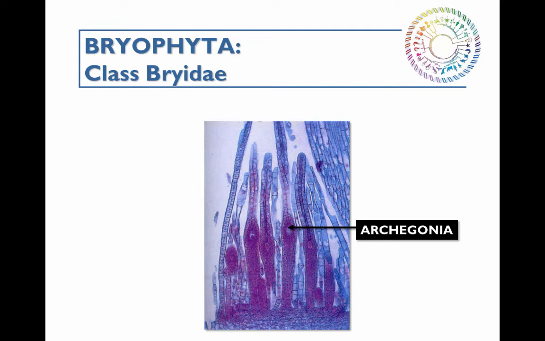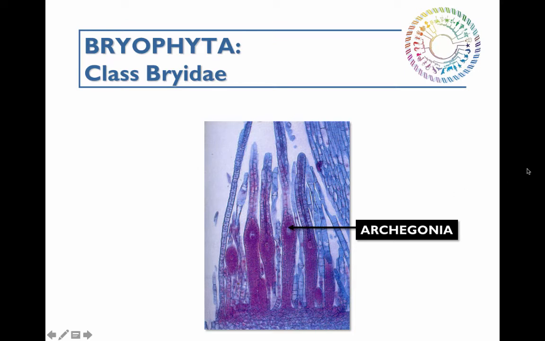The archegonia have the same basic structure that we saw in the last lecture. Here, for example, we have the egg waiting to be fertilized. It's protected by the archegonial wall. Above the egg, there's a long neck which has a canal running down it.